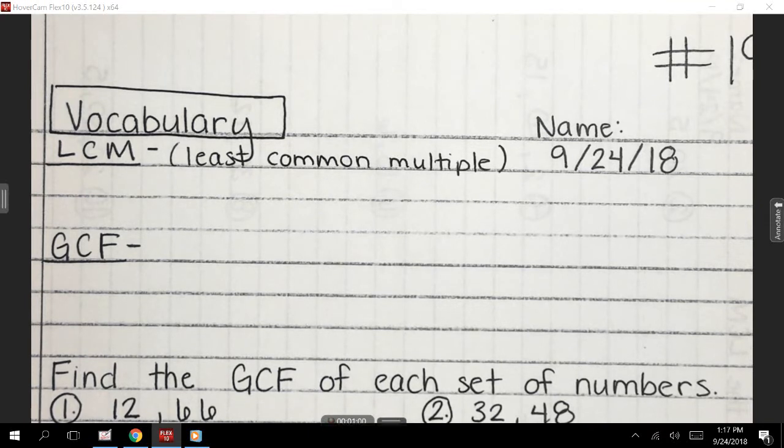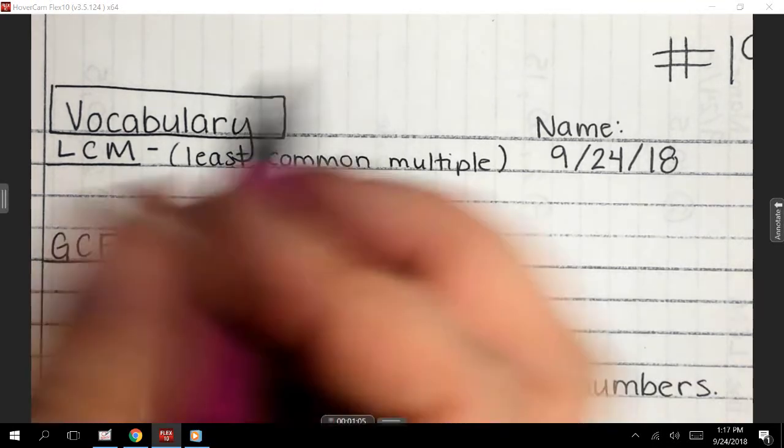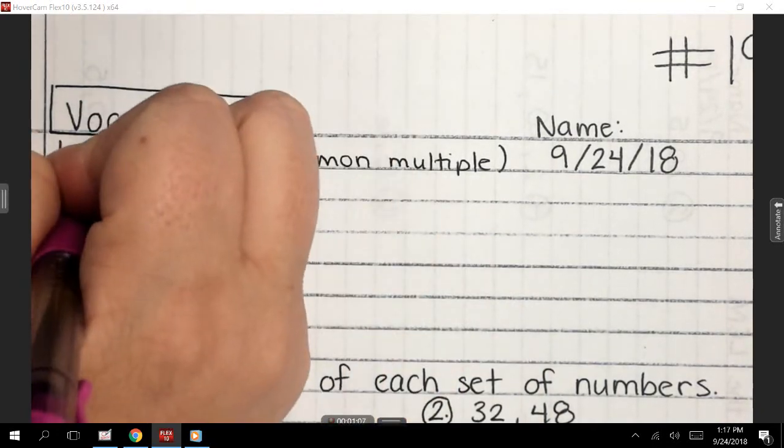Yes, Fernanda? Yes. All right, so least common multiple. Another word for least is smallest.